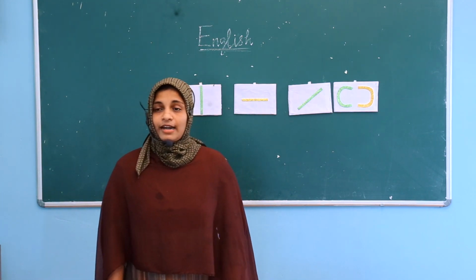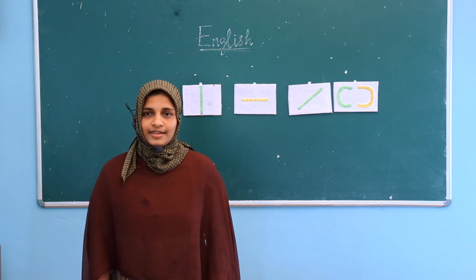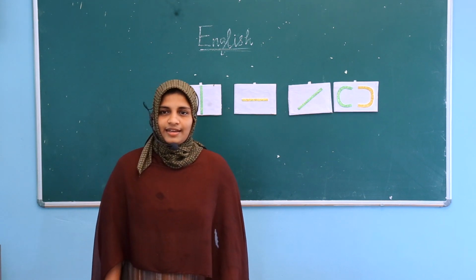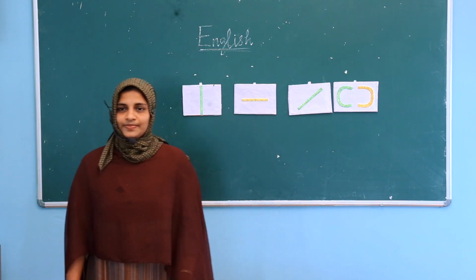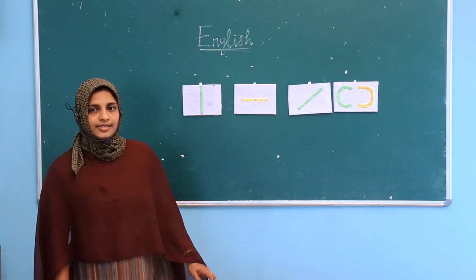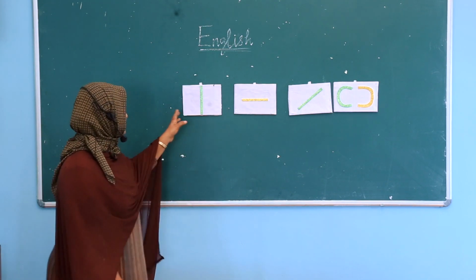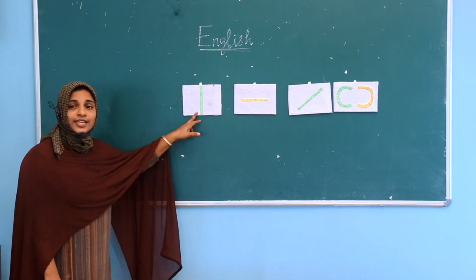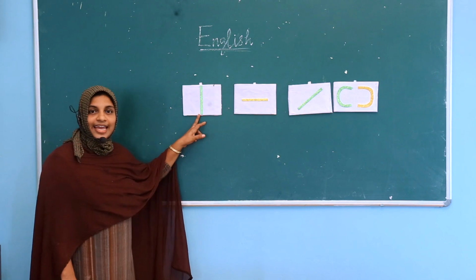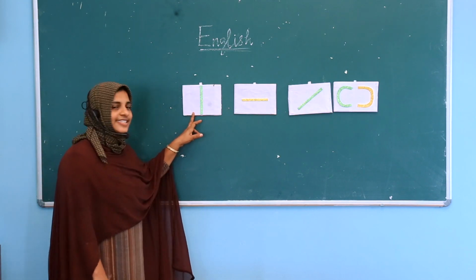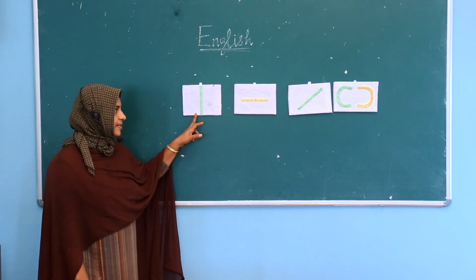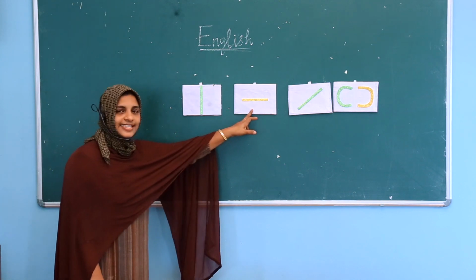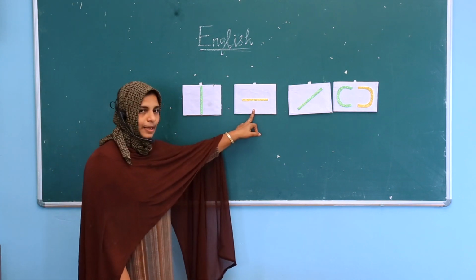Did you remember our last class? What we learned in our last class? All of you listen. Let us revise. What is this? This is standing line. This is sleeping line.